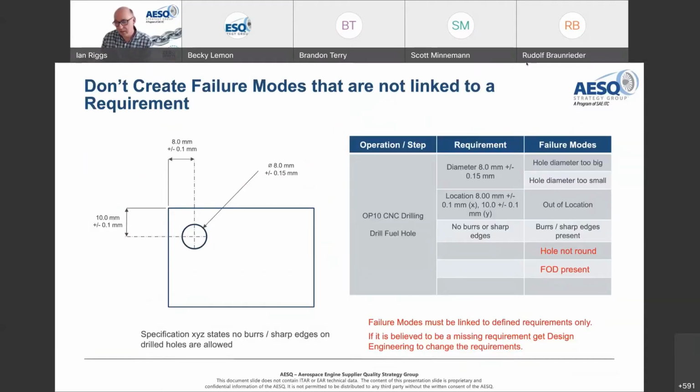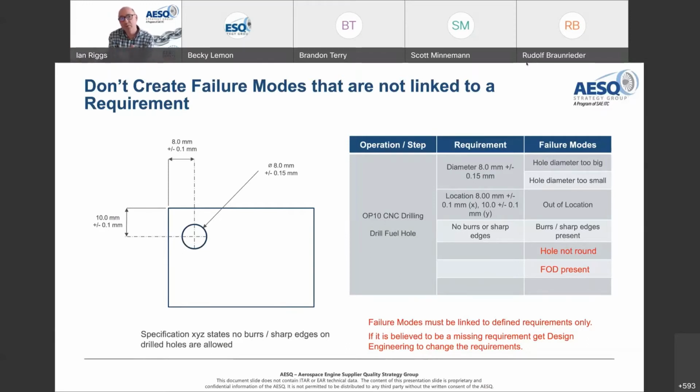The other thing we should avoid, and we had this yesterday. Yesterday we had a little poll or chat function example where we said, for diameter, what are all the failure modes? And we had a lot of correct failure modes, but we also had some that were starting to get into depth and some that got into position and different things.